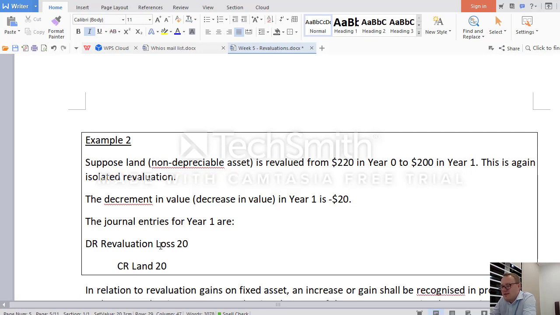And this loss belongs to the income statement, not to SOCI, not to some other section. It is a core part of the income statement. Loss of course is not treated the same as gain. If gain, the normal balance is credit, but if it's a loss, it is a debit as if it is expense. So the name of the account should not be called revaluation surplus or reserve. It should be called revaluation loss.